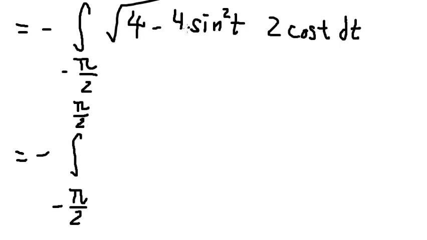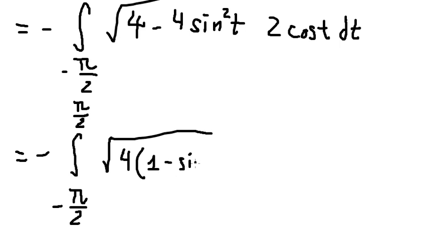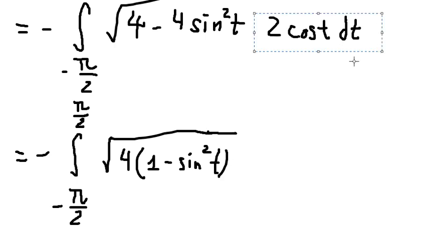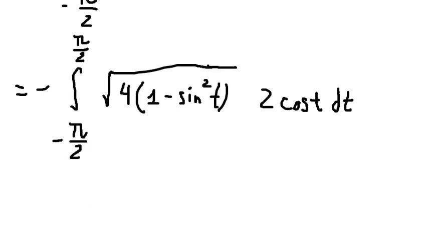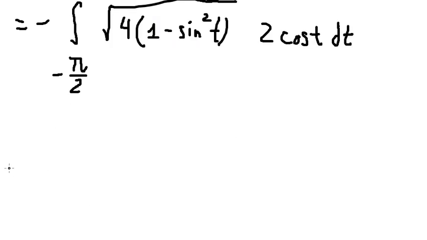So 4 and 4 we can do factorization. 1 minus sine t squared we change to cosine t squared.